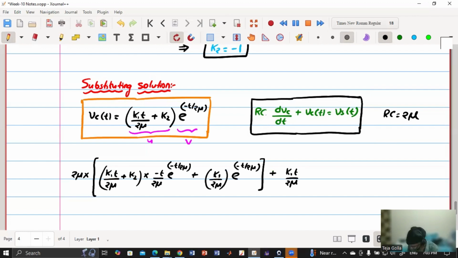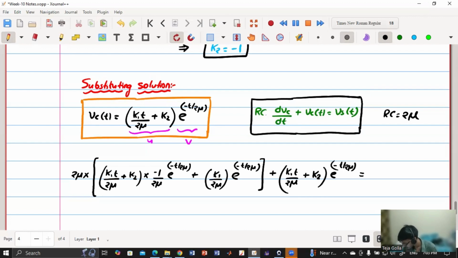I'm sorry. So here it is minus 1 by 2 micro because differentiation of e to the power minus t by 2 micro is e to the power minus t by 2 micro into minus 1 by 2 micro. So now Vc of t is this into K2 into e to the power minus t by 2 micro.